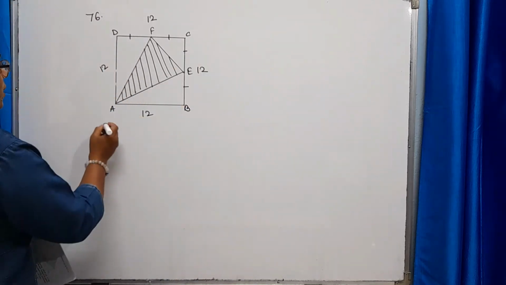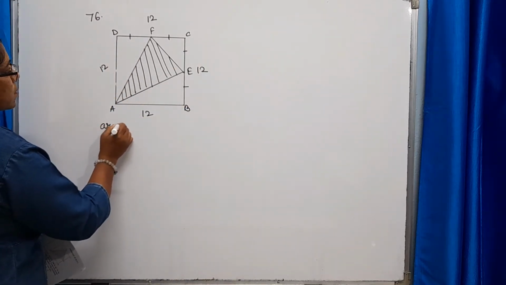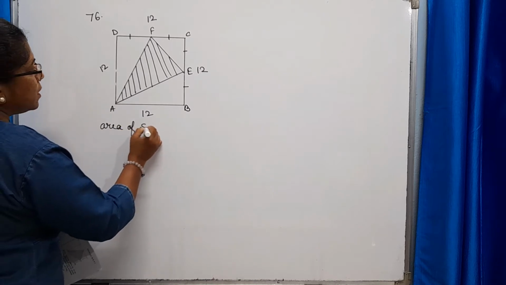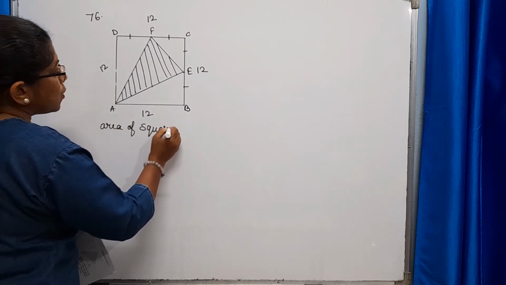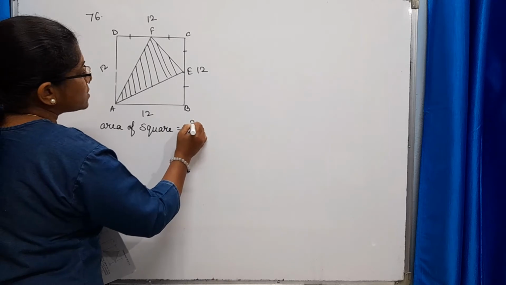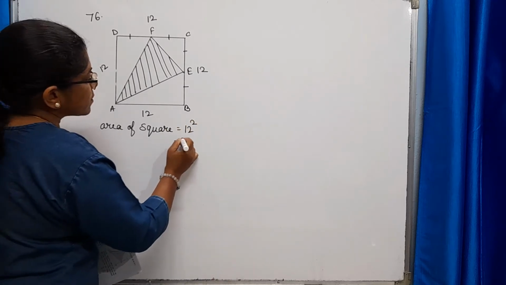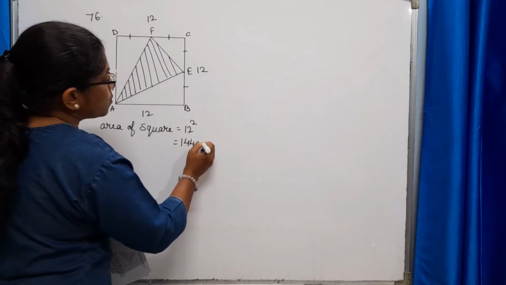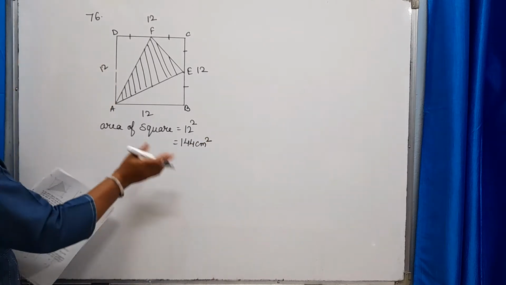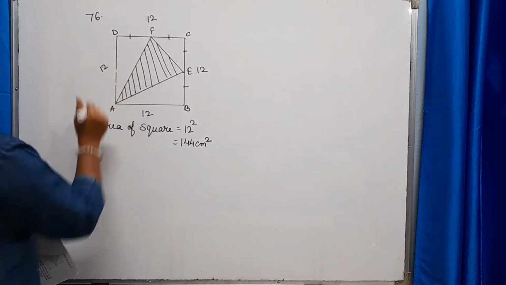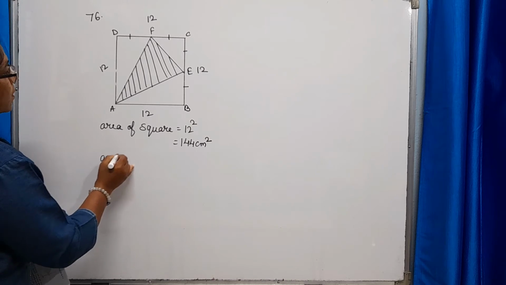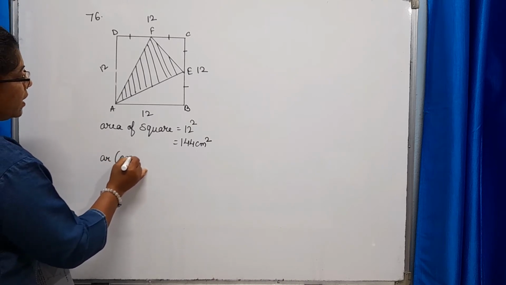Okay. Now area of square. Area of square is side square, 12 squared, that is 144 centimeters square. Fine. Now area of this triangle ADF.